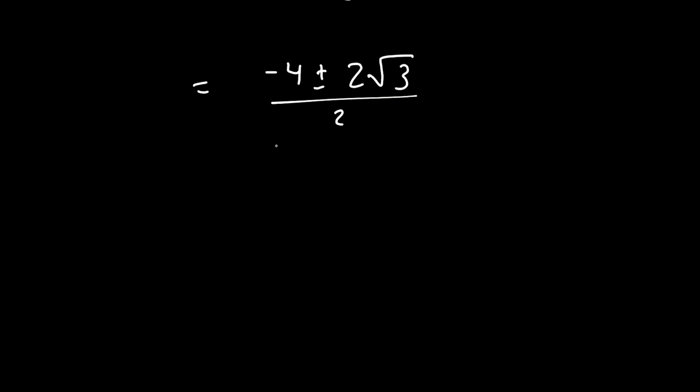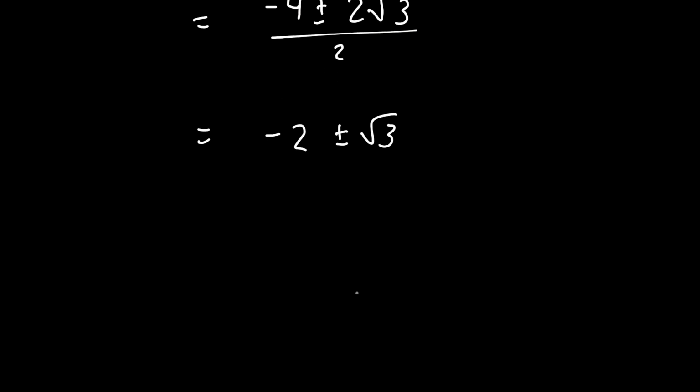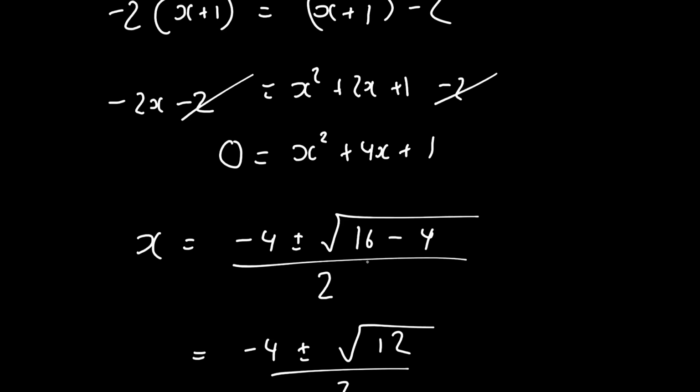And then if we divide through by 2, we will get minus 2 plus or minus square root 3. So for the plus case, that would be minus 0.7, no sorry, minus 0.3, and for the minus case it will be minus 3.7, something like that.